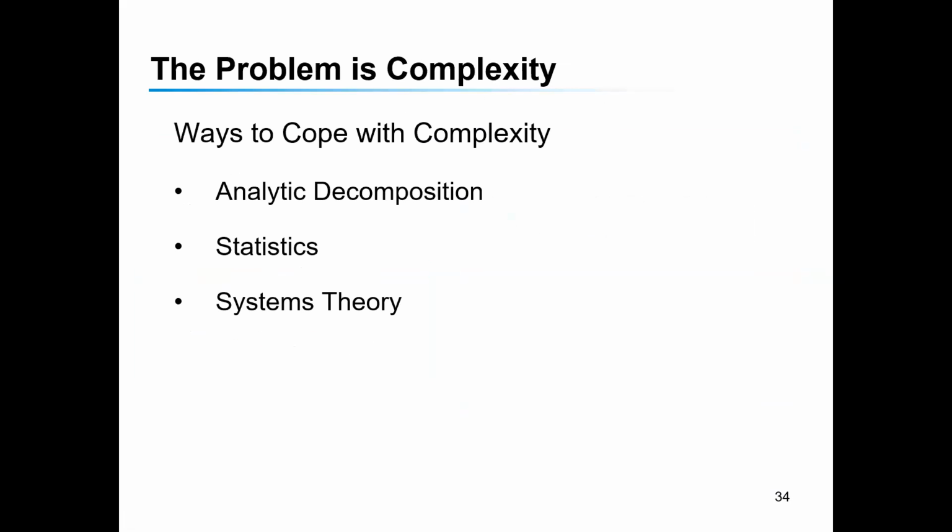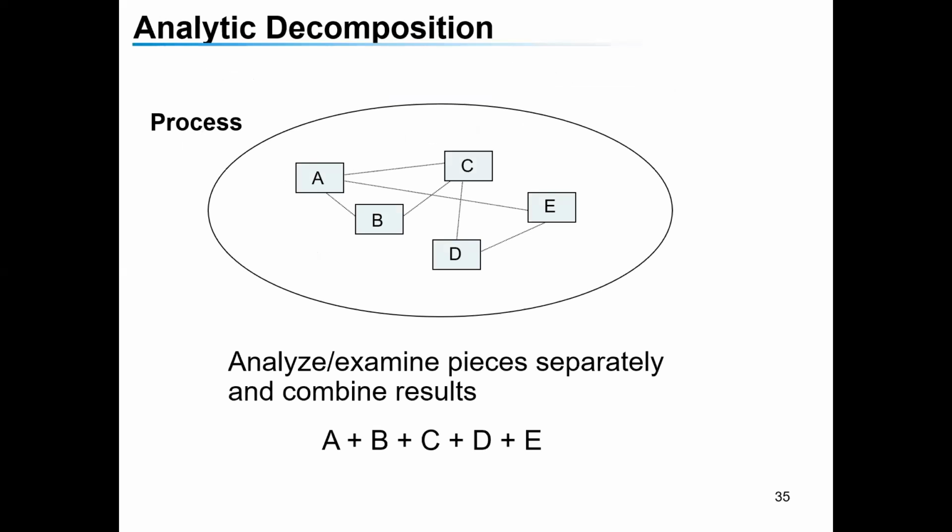Again, the problem is complexity. There are several ways to deal with complexity: analytic decomposition, statistics, and system theory. Let's look at each of these. Analytic decomposition is what everyone does now.